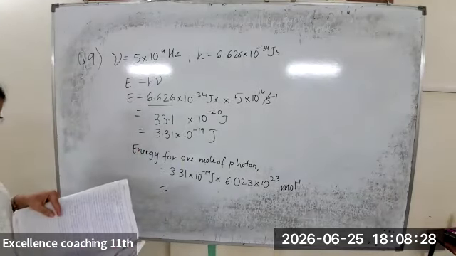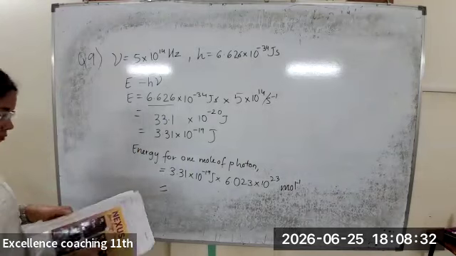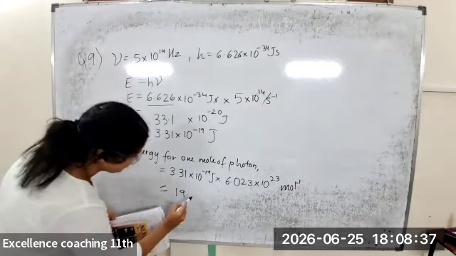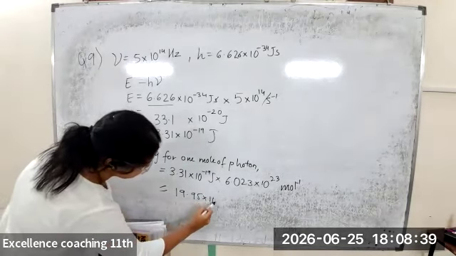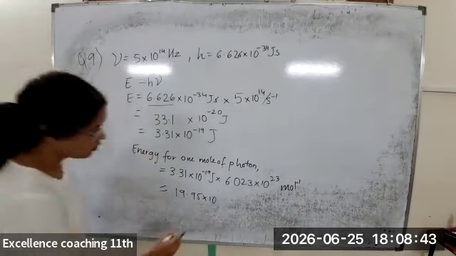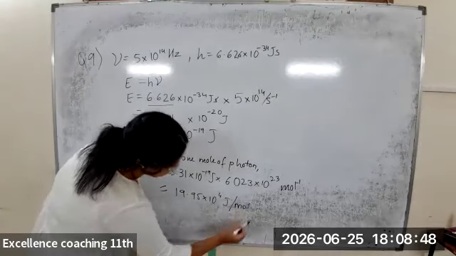Accordingly, if you multiply, you will get 19.95 into 10 raised to 4 joules per mole.